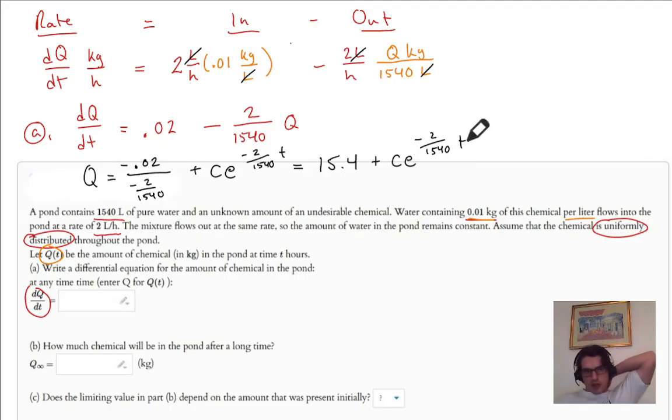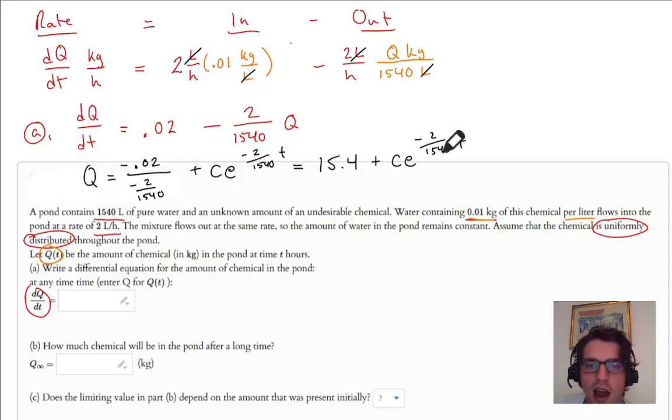Okay, so this is saying how much chemical will be in the pond after a long time. After a long time, this means that t is going to be very large. A very large value for t, of course, would be infinity.